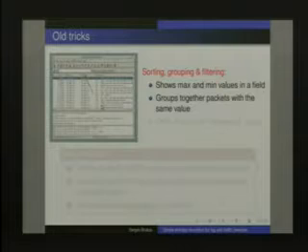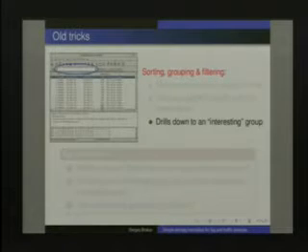People deal with uncertainty in Ethereal, in Wireshark, very simply. Click on the tab, sort it up and down, see the max and min value according to some sorting order, alphabetic most likely. Once you've done that, you can group values together, and you can use filtering. Drill down to the group of interest.